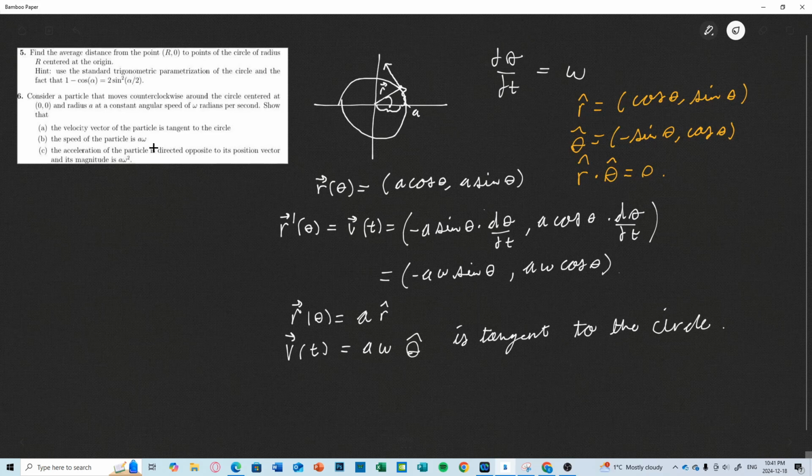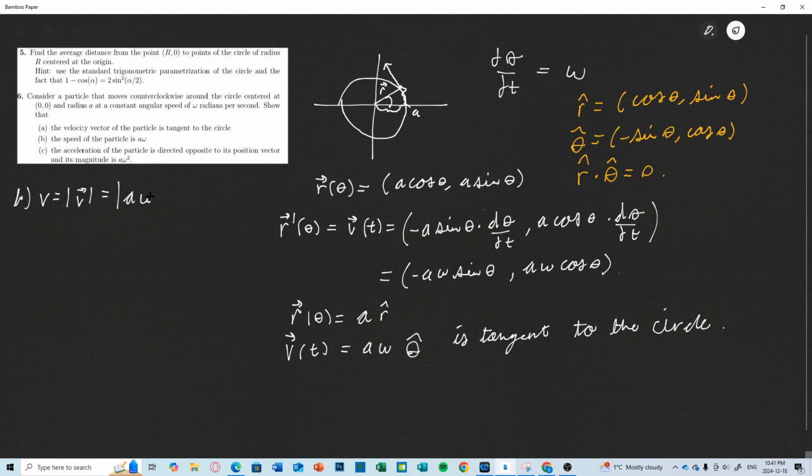Now part B is asking for the speed of the particle, and we want to make sure that the speed of the particle is a multiplied by omega. But the speed of the particle is just going to be our v, which is equal to the magnitude of our velocity vector. But if you look here, our velocity vector is just a multiplied by omega multiplied by the unit vector of theta.